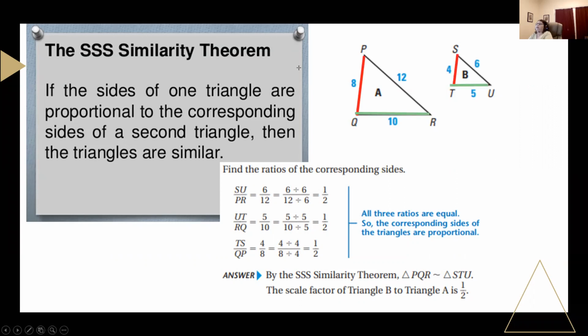And then the last one was 6 and 12, and that's why those go over each other. And we just reduce it and see that they're all the same. Now, if one of these was like 1/3 and the other two was a half, then it would not be similar. For it to be similar, the corresponding sides, when placed over each other, have to reduce to the same fraction. Okay?